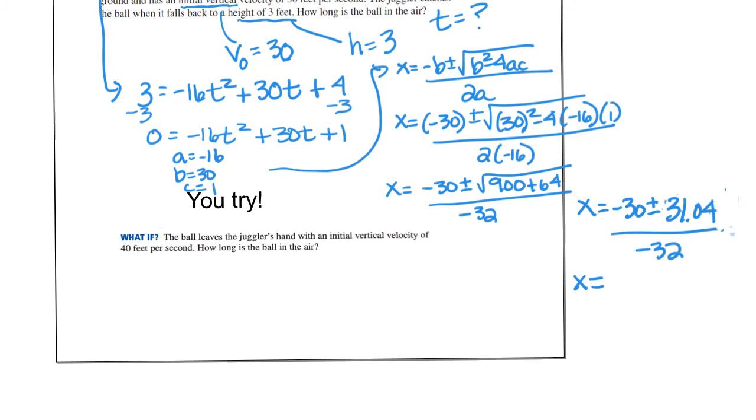So I could have either negative 61.04 over negative 32. That's if they're both negative. Or I could have 1.04 over negative 32. And notice I'm using x, but x is really the same as t.